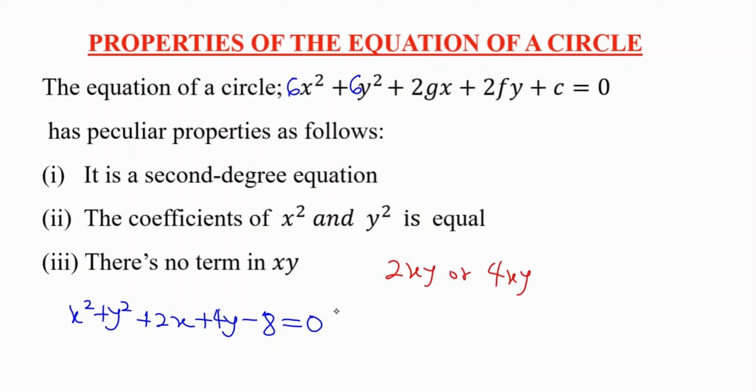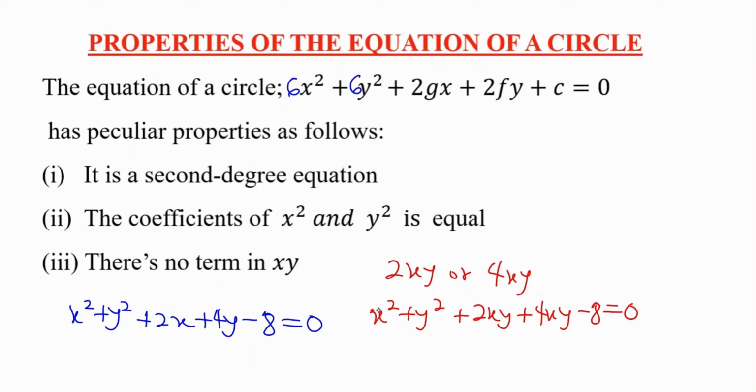There is no term like 2xy or a term like 4xy. If something like that happens in the equation of a circle, then it is not an equation of a circle. Now, practically, assuming we have x squared plus y squared plus 2xy plus 4xy minus 8 is equal to 0, then this is not an equation of a circle.